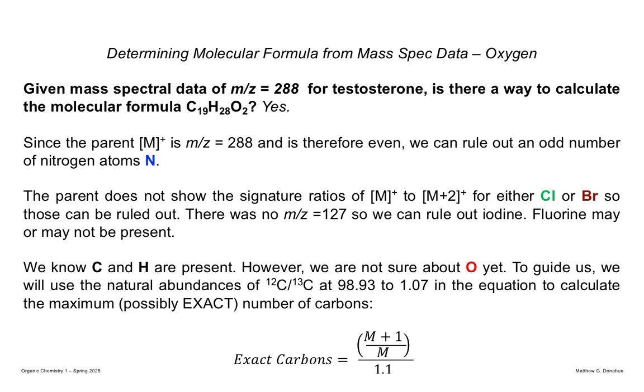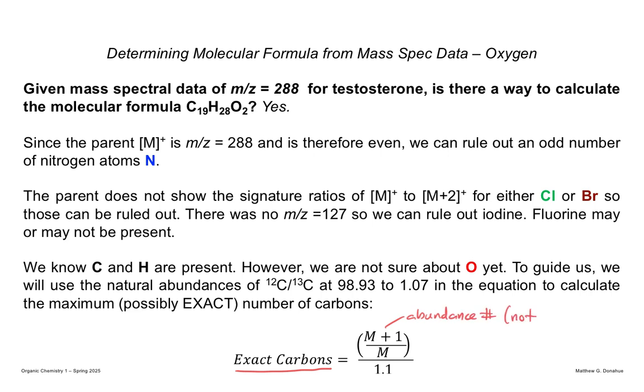So when we looked at that, now the equation that we can use to our advantage is shown here at the bottom. The exact number of carbon atoms is equal to this quotient here, where you have abundance numbers.